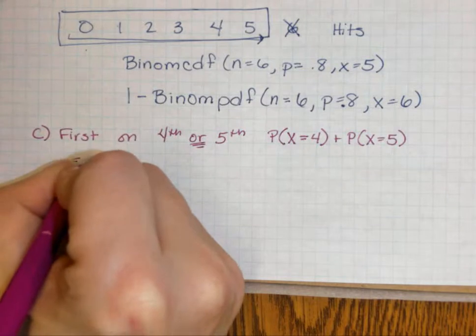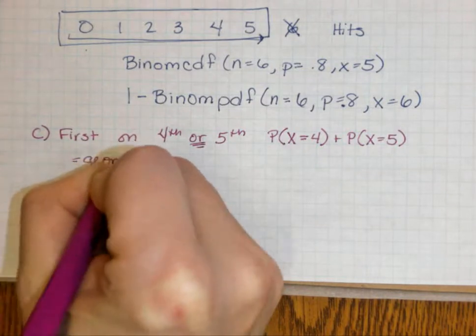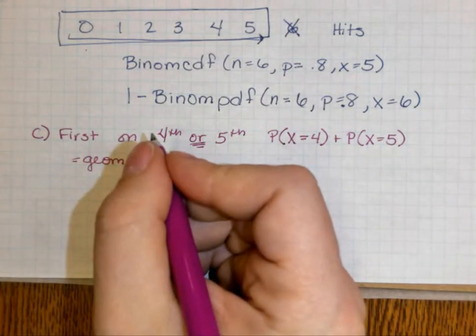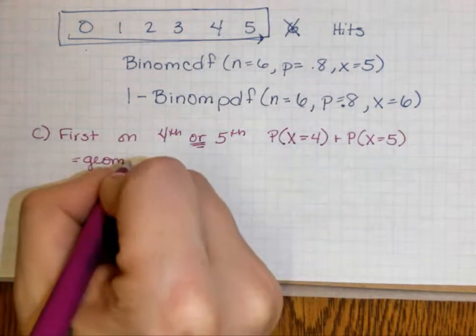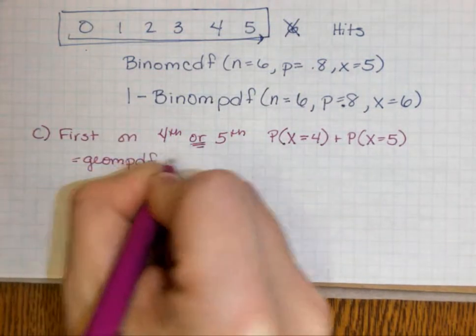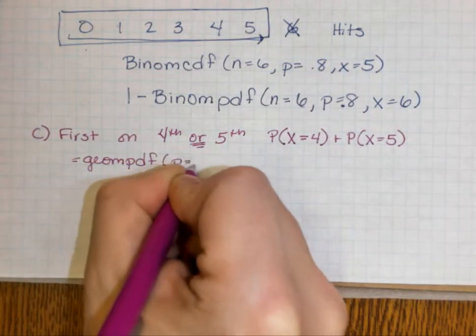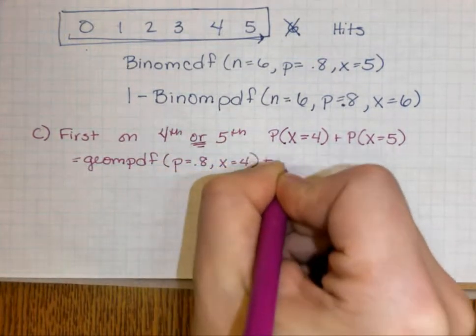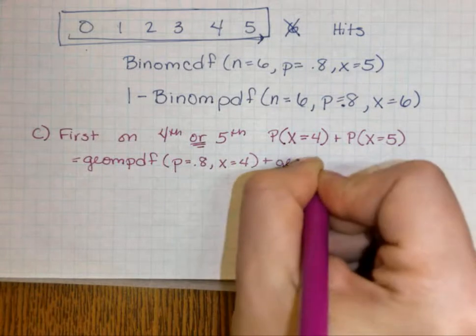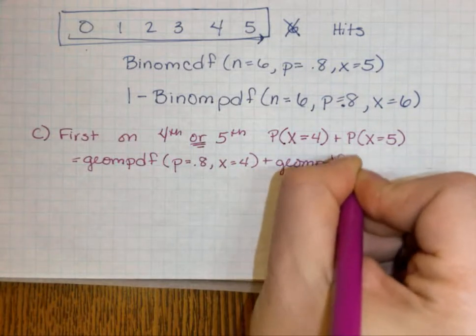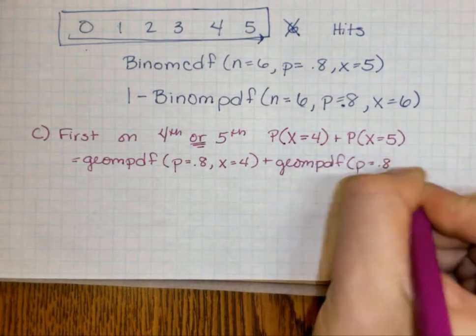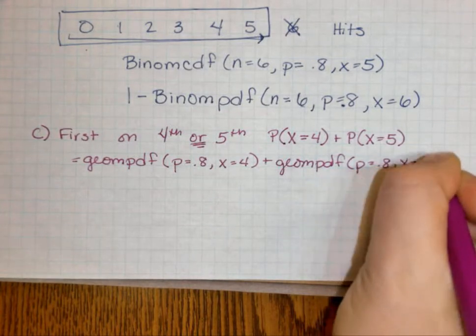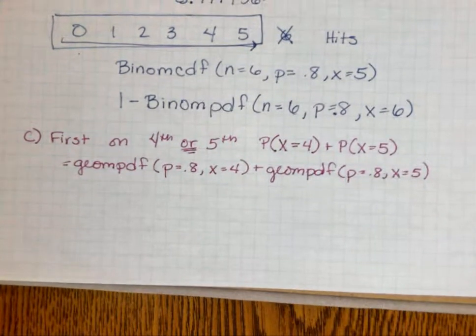Geometric. So I'm going to say geometric PDF, not CDF, because it's just one for each of them. PDF where P is 0.8, X is 4. PDF when P is 0.8, X is 5. So go ahead and see if you guys can calculate that.